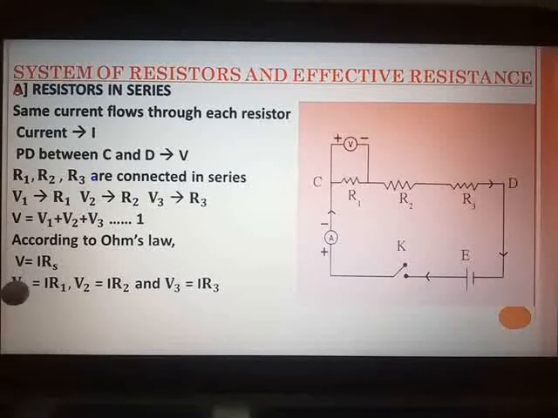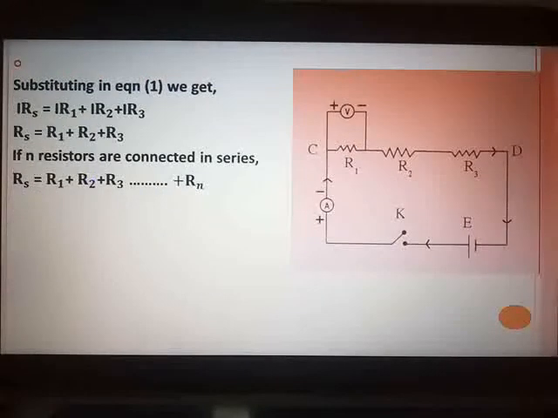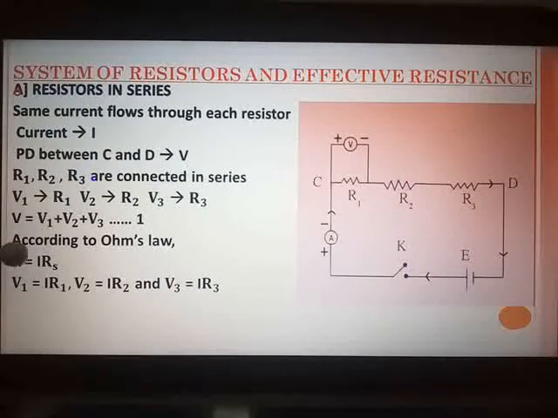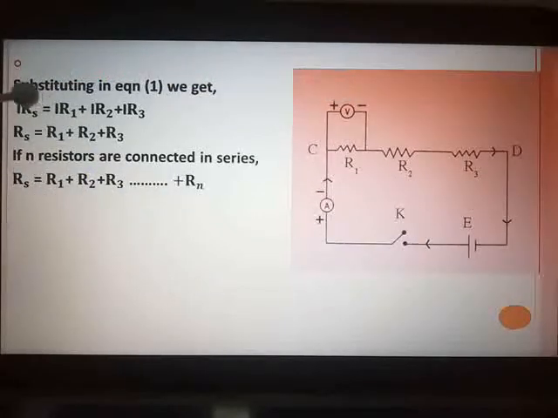Now these values of V1, V2 and V3 we are going to substitute in this equation, and this general value of V we are going to substitute here. So our next part of the derivation will be IRS. You can see over here, in place of V we take IRS, and in place of V1, V2 and V3 we take IR1, IR2 and IR3. So IRS is equal to IR1 plus IR2 plus IR3.